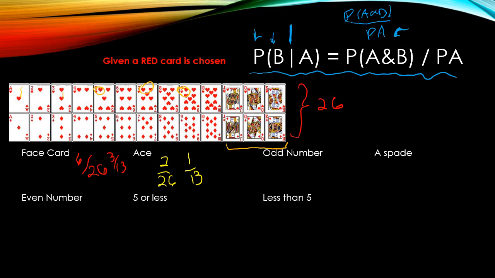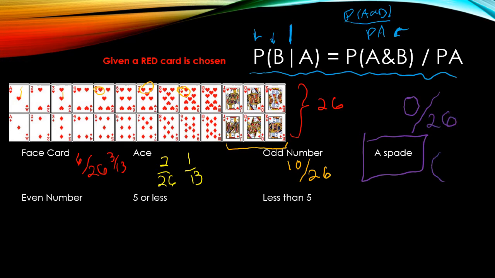So 1, 2, 3, 4, 5 in each gives us 10 over 26. Now, what do you think the odds are of getting a spade given that a red card is chosen? Well, here we can see that there are exactly 0 spades out of 26 red cards, so the probability is 0. Sometimes it happens when we put a condition in, the probability is going to be 0 because it's just not possible.